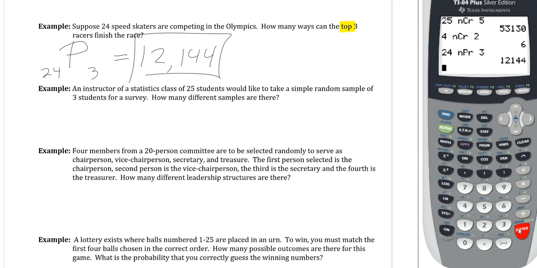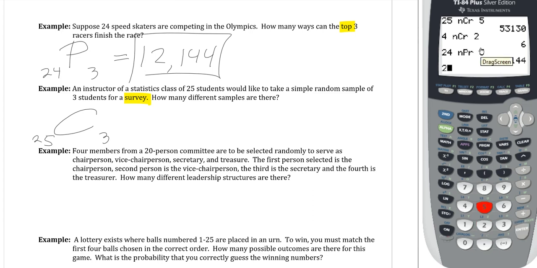Second question. An instructor of a statistics class of 25 students would like to take a simple random sample of 3 students for a survey. How many different samples are there? Since it just says it's a survey, doesn't say anything about any indicated order, this is a combination. We are taking 25 individuals and we are choosing 3 of them.